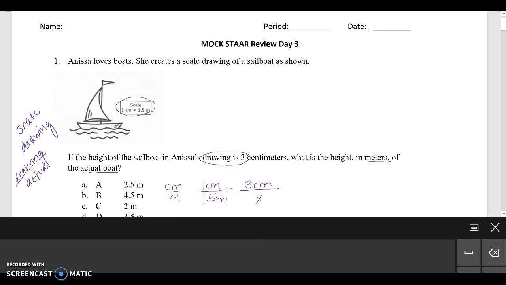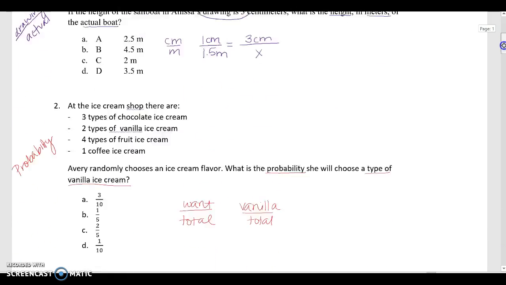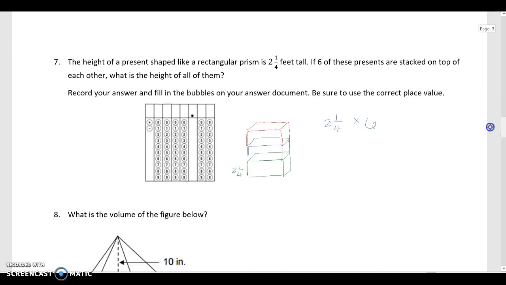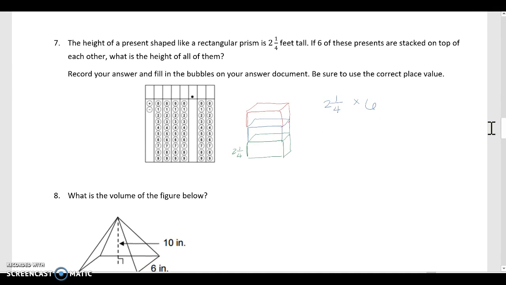And since it's a griddable, we know we have to put our answer in decimal form, so you might as well change it to a decimal now. If there's a 4 as your denominator, you need to think about quarters. So 1/4 is how many cents? 25 cents. So 0.25.